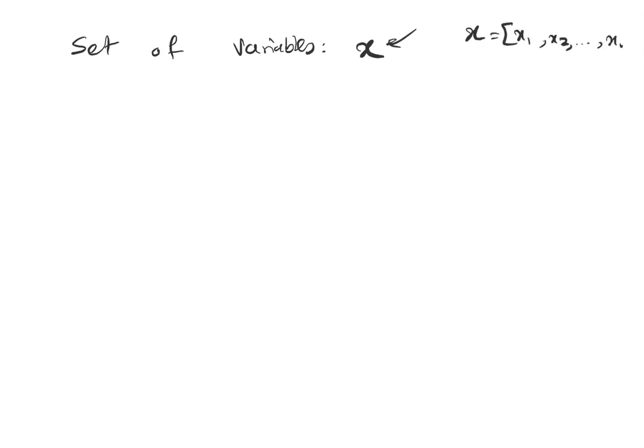So usually we show the set of variables with a symbol. For example, here, I'm going to show the set of variables by x. So x can be a vector, which means x includes x1, x2, and xn. So here we have n variables.